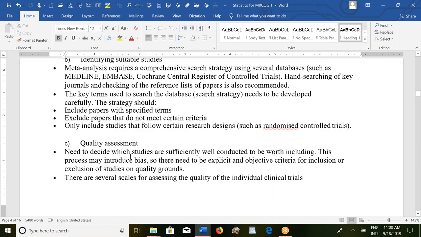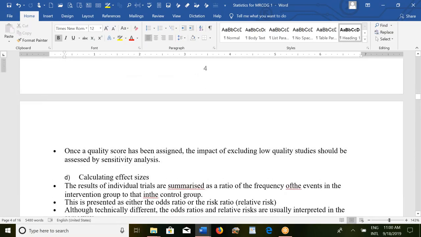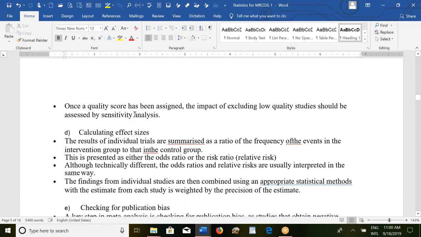We need to decide which studies are sufficiently well conducted to be worth including. So this process may introduce bias, so there need to be explicit and objective criteria for inclusion or exclusion of studies on quality grounds. There are several scales for assessing the quality of the individual clinical trials. Once a quality score has been assigned, the impact of excluding low quality studies should be assessed by sensitivity analysis.